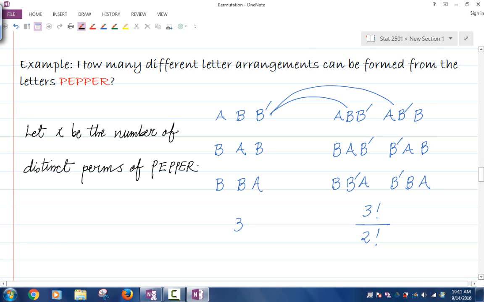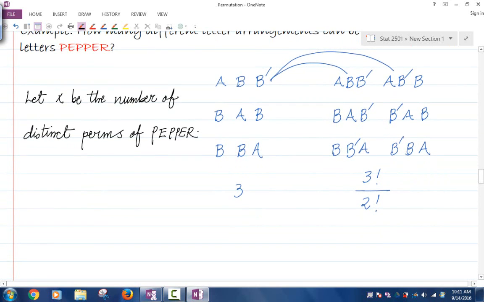Now we are going to count the number of permutations of pepper, assuming all the letters are different. All the objects are different in 2 different ways.